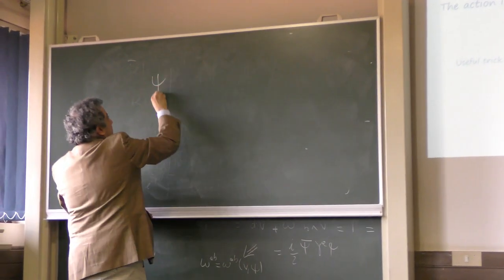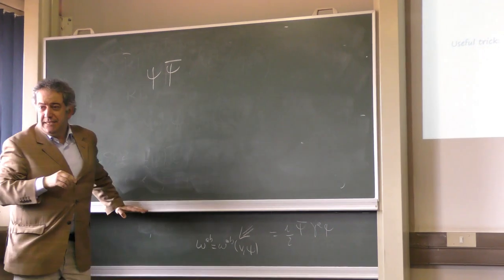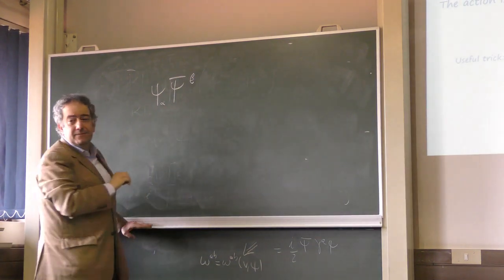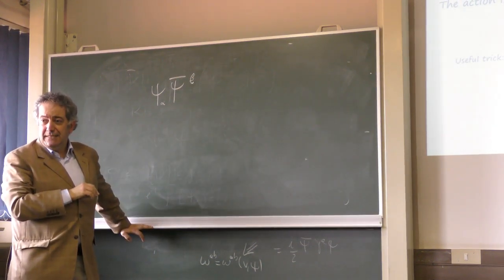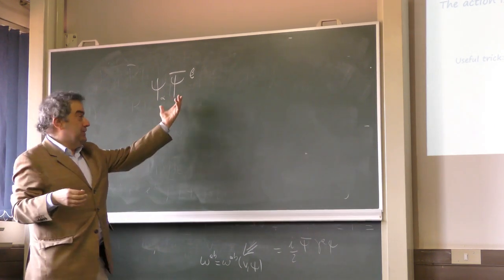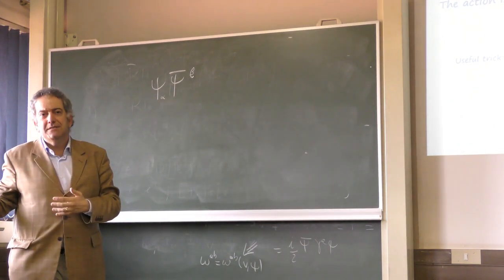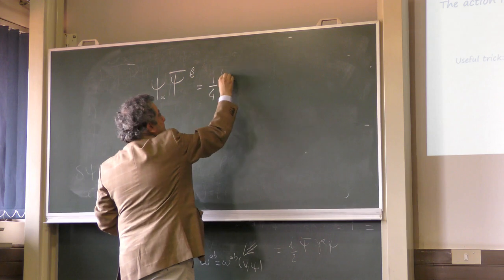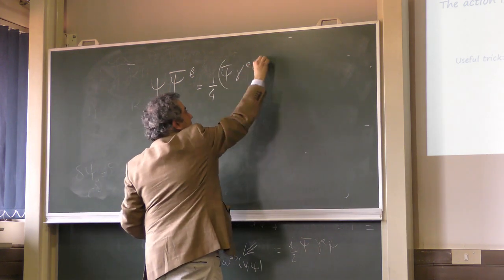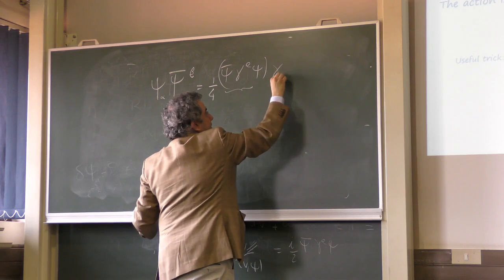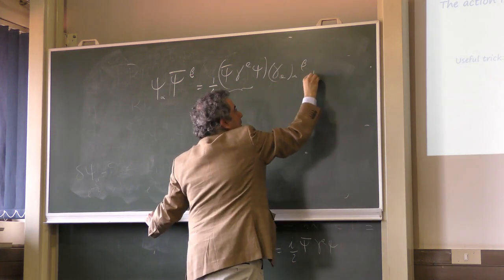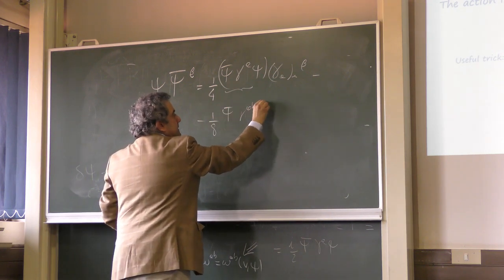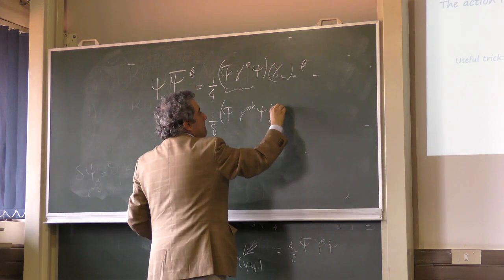If I write psi psi bar, this is a matrix which has two indices, alpha and beta. The first identity tells you that this 4 times 4 matrix can be expanded in gamma matrices. So this can be written as 1/4 times psi bar gamma A psi, which is a number times gamma A, a matrix with indices alpha beta, minus 1/8 psi bar gamma A psi, gamma A.